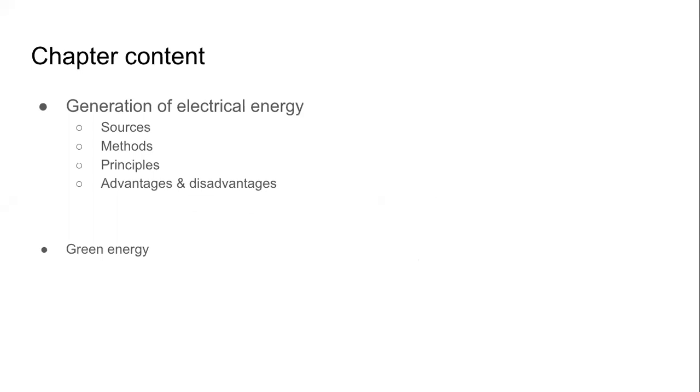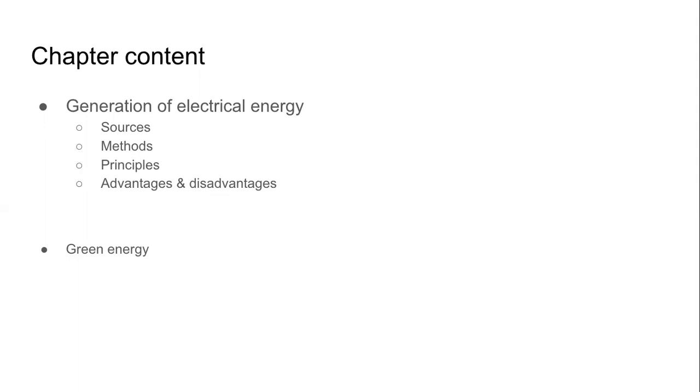Generation of electrical energy. This is the main focus of this chapter. How do we generate electrical energy? How do we produce electricity? So we will study different sources, methods, the principles underlying those methods, advantages and disadvantages of various methods of generating electrical energy.